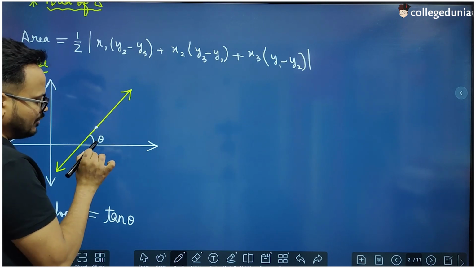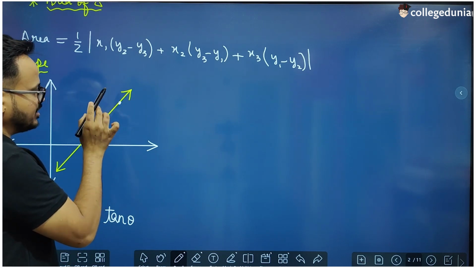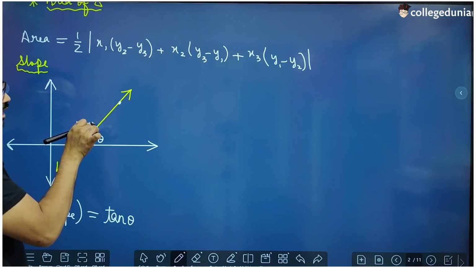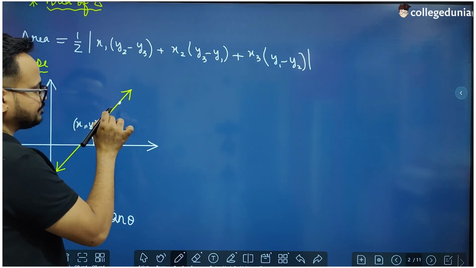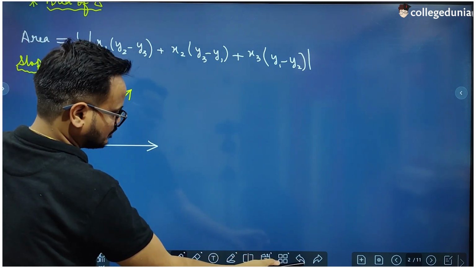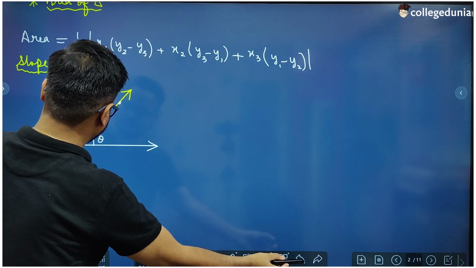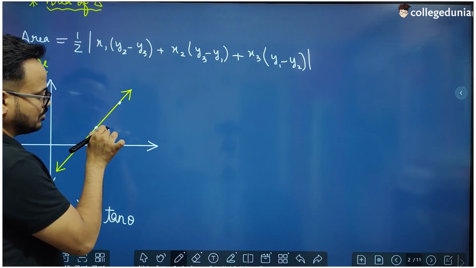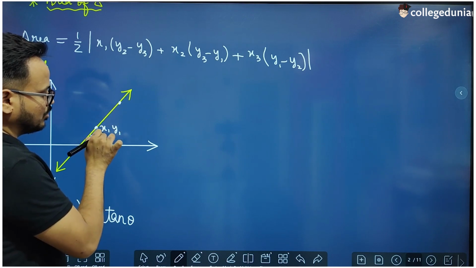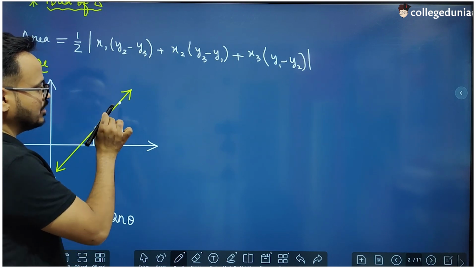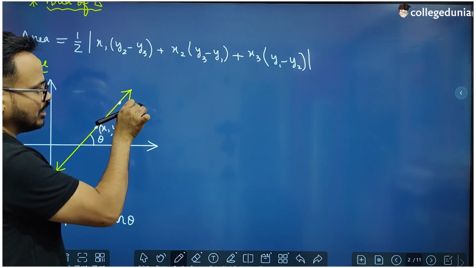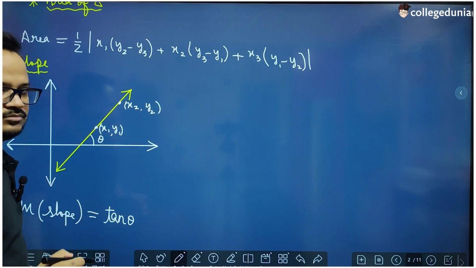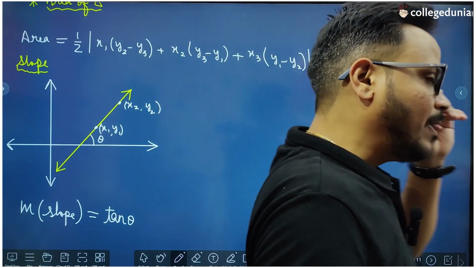Let the first point be x1 y1, and this point is x2 y2.